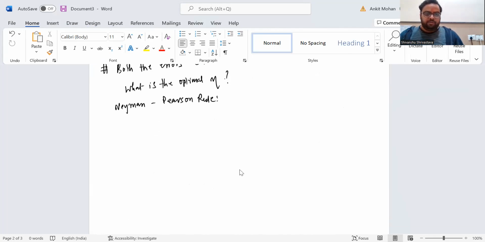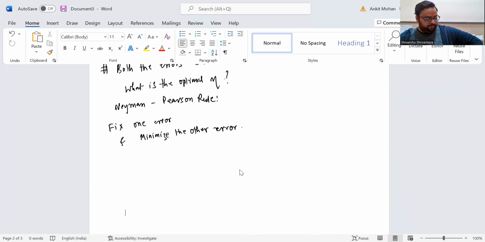It says that when we know that we cannot reduce both of them simultaneously, let us fix one error and minimize the other error.